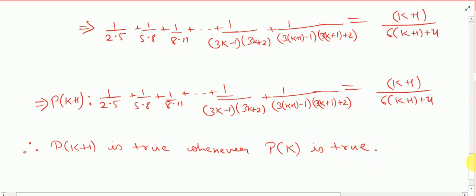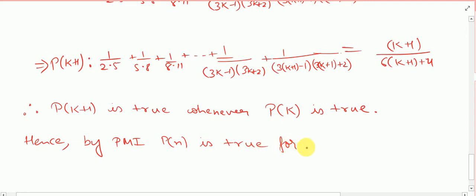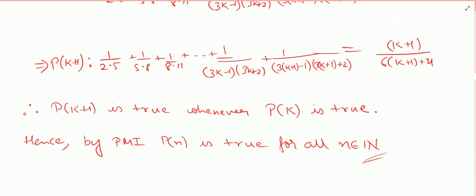Whenever pk is true, hence by PMI, that is principle of mathematical induction, Pn is true for all n belonging to natural numbers. Okay, so this question is over, and for today this much.